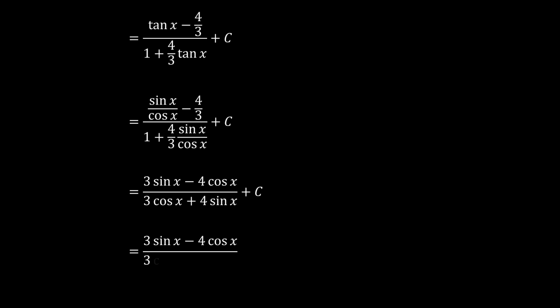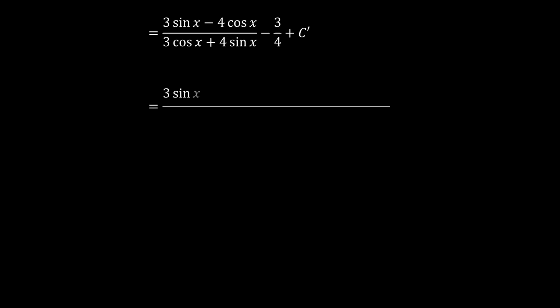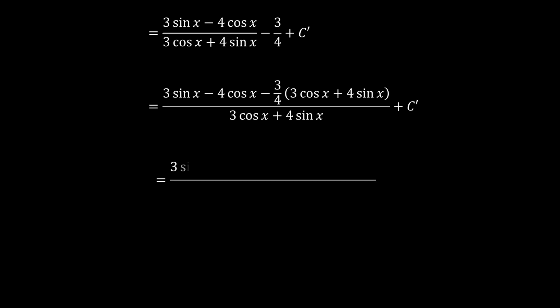Let's say we subtract 3 over 4, and we still have another arbitrary constant, because this would still be a constant, right? What that becomes is 3 sine x minus 4 cosine x in the numerator, minus 3 over 4 times 3 cosine x plus 4 sine x, over 3 cosine x plus 4 sine x.